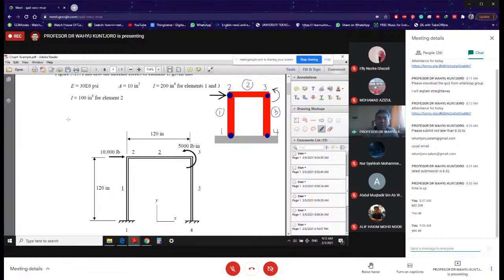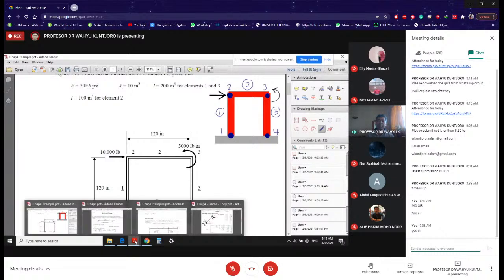So now what you need to do, you will have to build the equations. You have to calculate the structural equation, but of course, you need to first calculate the element equation. You have 3 element equations, so you have to begin with element number 1, and then number 2, and finally element number 3.